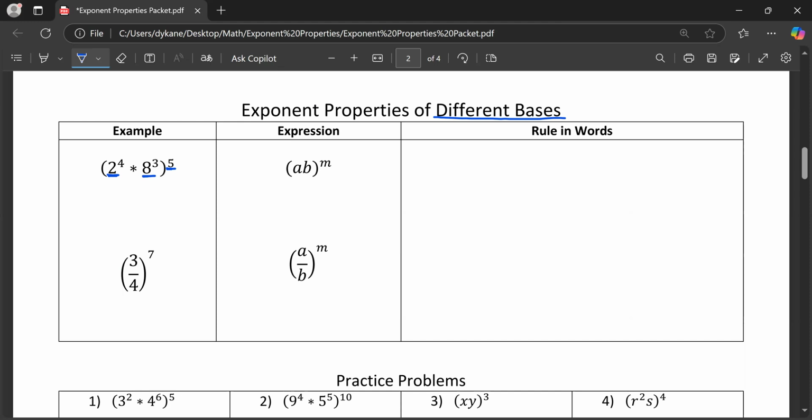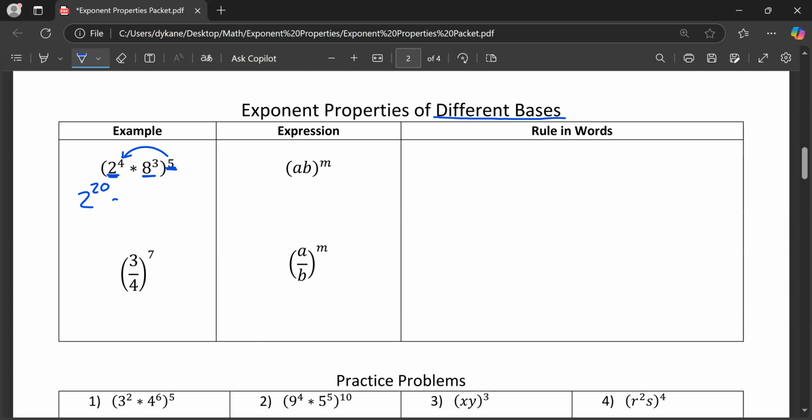So the thing to remember about exponents is if the bases are different, we can't use those properties we learned before, right? But what we can do is think about writing this all out. I'm going to take 2 to the 4th power, and it's going to be written 5 times. So I can use that multiplication property that we learned and multiply these two exponents together, which is going to give me 2 to the 20th power.